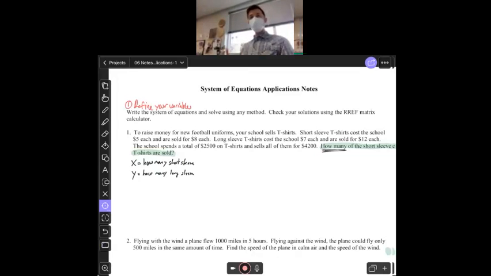So what's going to connect these things that I can make an equation out of? So as I look back, it talks about the cost of the T-shirts and also tells me what they sold for. And it talks about the cost of the T-shirts and tells me what they sold for. And it talks about total costs and total income. Okay. Well, what connects all those things?